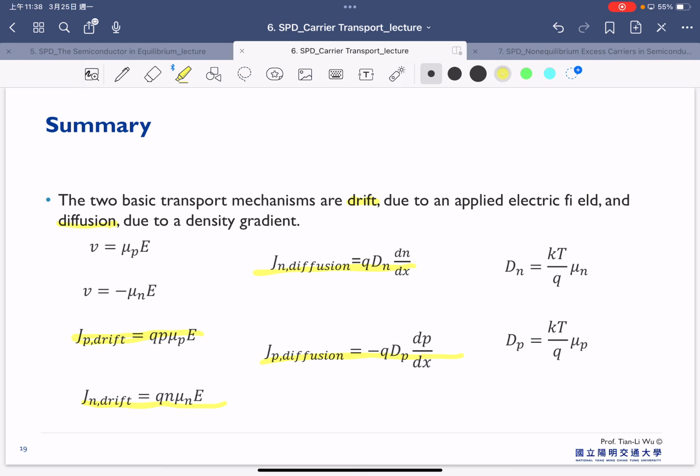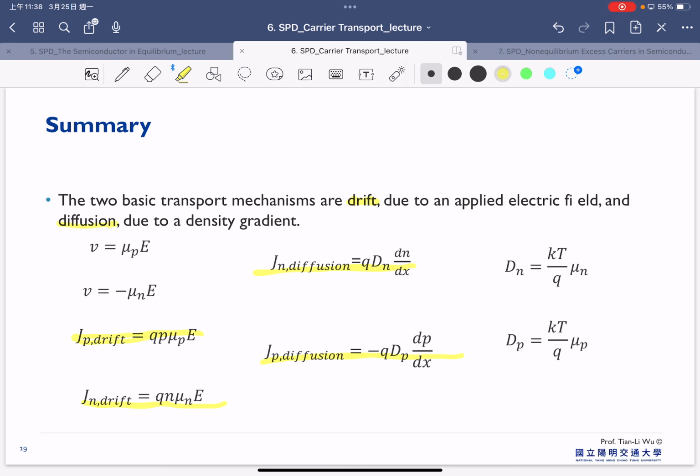So you will realize that an electric field will induce a current. There's also the fact that if the concentration is not uniform, that can also create a current.